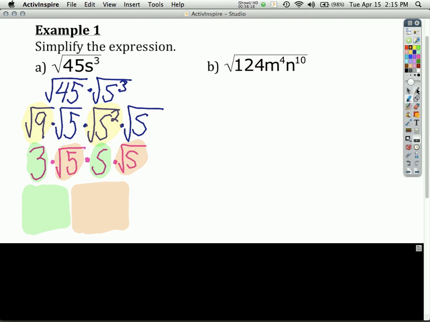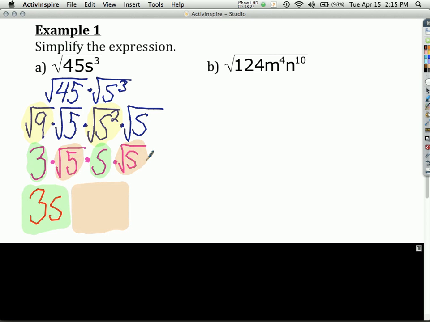So the 3 and the s becomes 3s, and then the radical 5 and the radical s becomes radical 5s. There are no more perfect squares for me to find in here, so we are done. That is simplified.